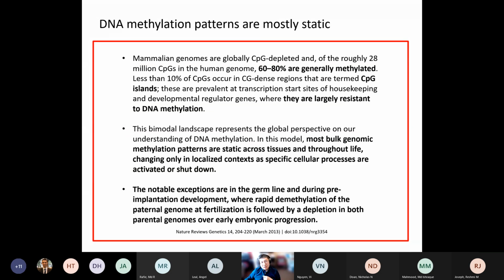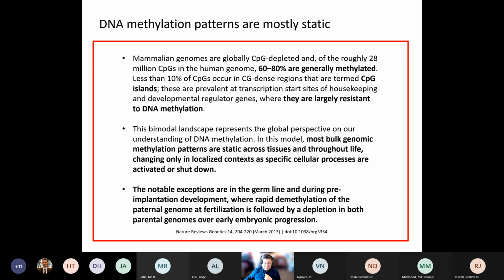They are methylated all the time. And less than 10% of the CpGs occur in the CG dense regions, so-called CpG islands, which I have already described in the previous slide. So about 10% of the CpGs are in CpG islands. But in the CpG islands, they are largely resistant to DNA methylation.